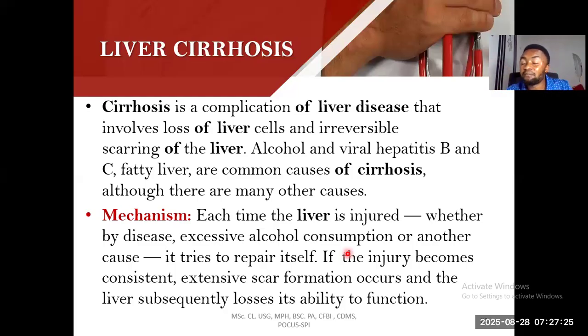Because as the cells are being injured, other cells are there, and the liver is able to also produce new cells. But when you are drinking too much alcohol, because if you drink once in a week, there is no way that the liver may fail. I'm not saying go and drink alcohol.